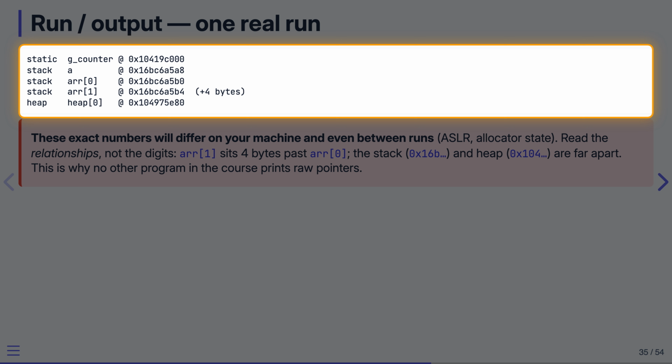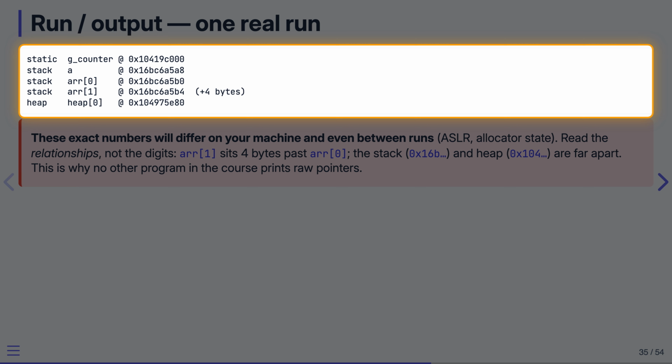This is one real run of the program. It printed 5 addresses, one for each variable. Look at the 2 stack lines. The address of R at index 1 is exactly 4 bytes past the address of R at index 0. That is because ints are 4 bytes, and array elements sit right next to each other. Now compare the regions. The stack addresses start with 16B.